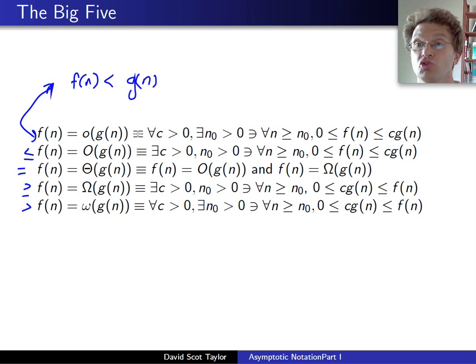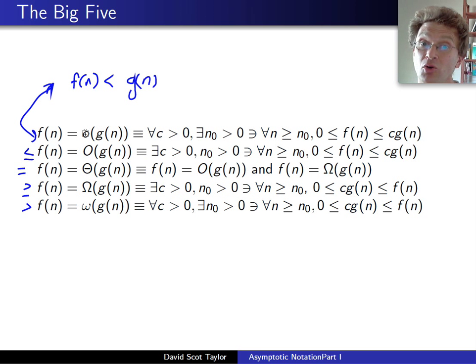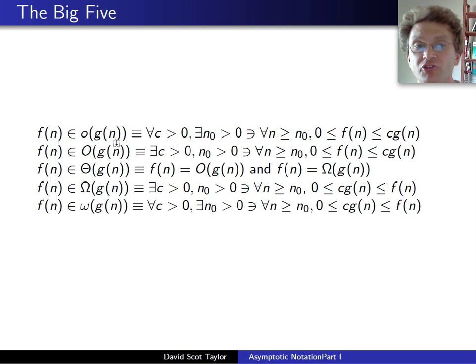That tells you why there are 5: we have 5 standard inequalities. All right, we should also remember these aren't really equal. Every single one of them is still a set.